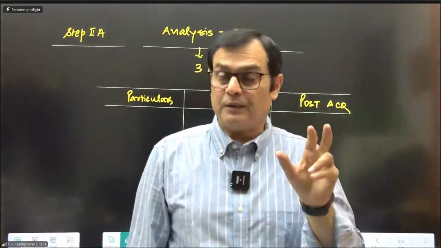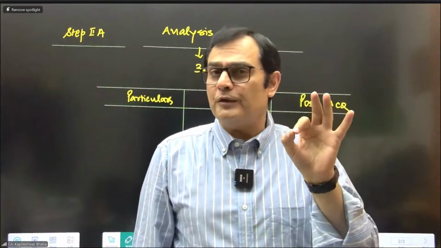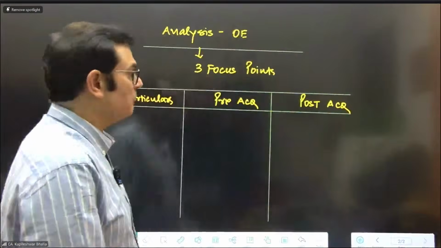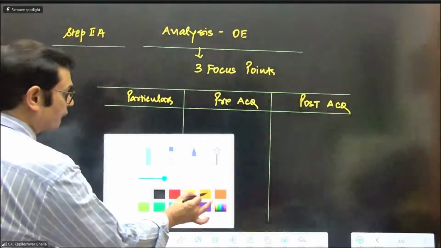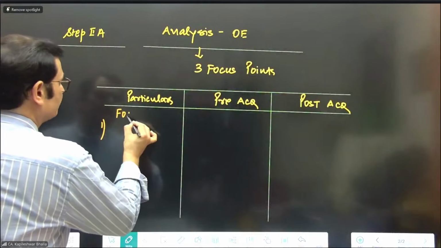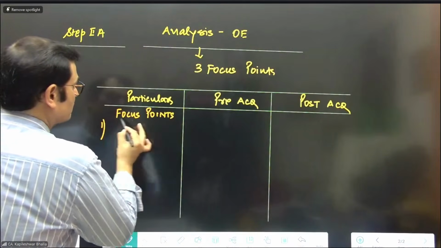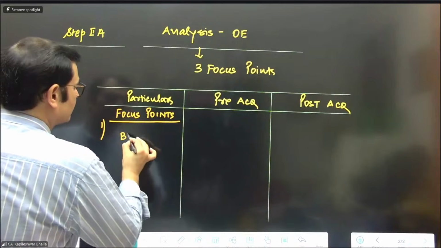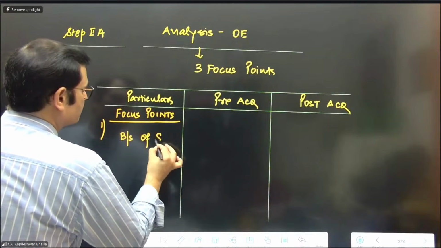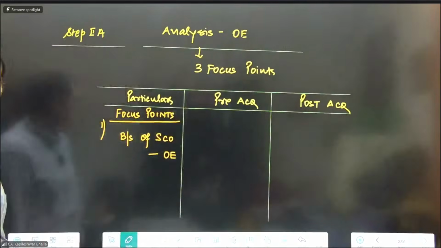Pre is before the date of acquisition, and post is anything from the date of acquisition to the balance sheet date. Now, the 3 focus points which you need to keep in mind are as follows. The very first focus point is that you look at the balance sheet of the subsidiary company and you take the analysis of the other equity.